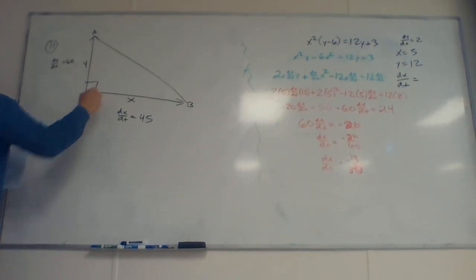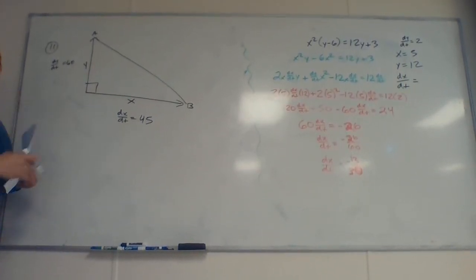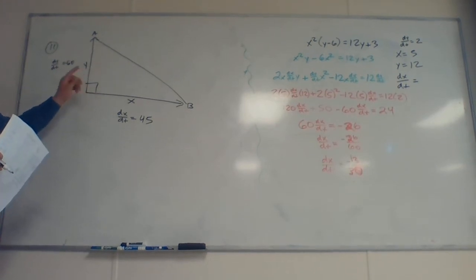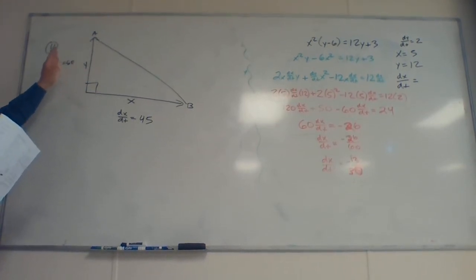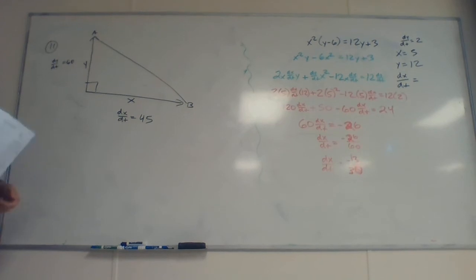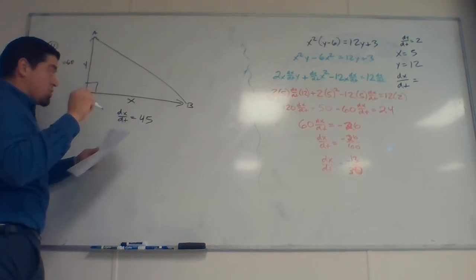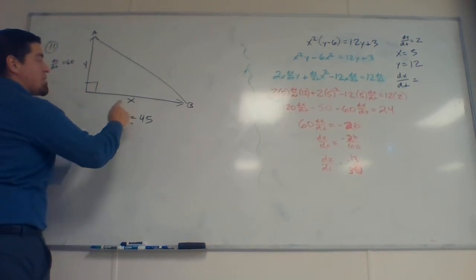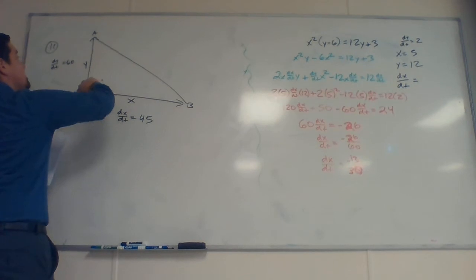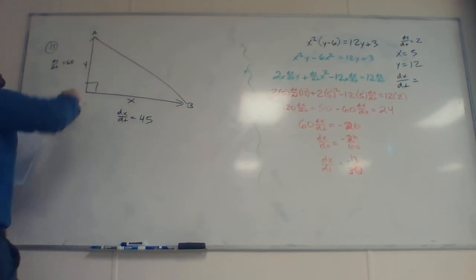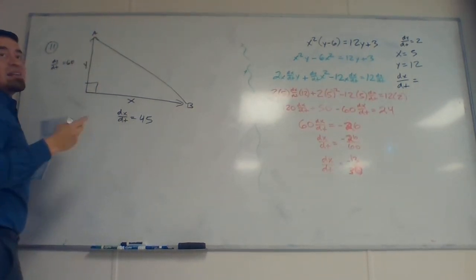Now, they want some relationship for the direct distance between car A and car B. What shape do you see here? A triangle, specifically a right triangle. So you can set up a relationship by x squared plus y squared. They're asking for after 3 hours. How far did this car travel? 180, 60 times 3.